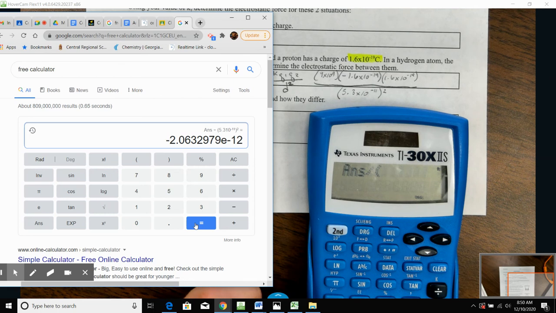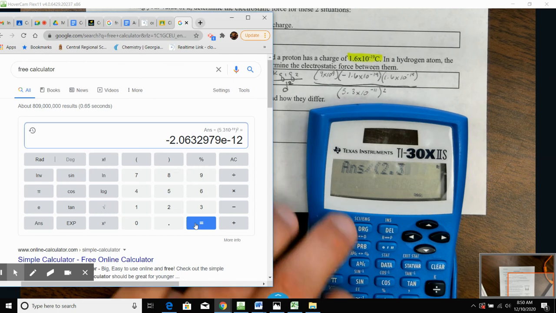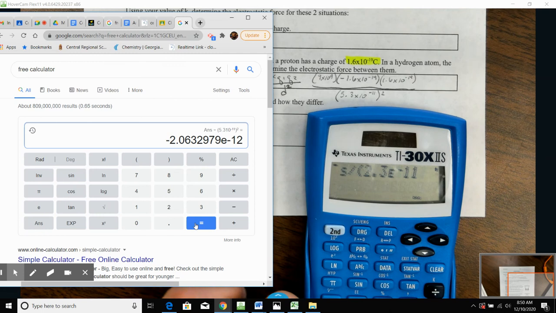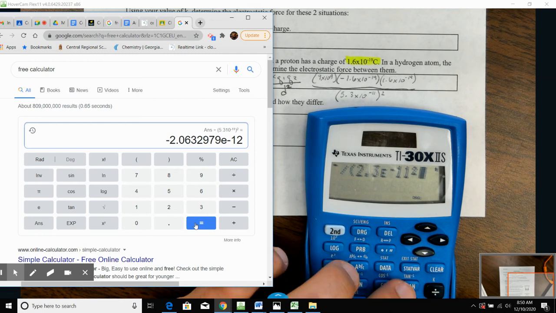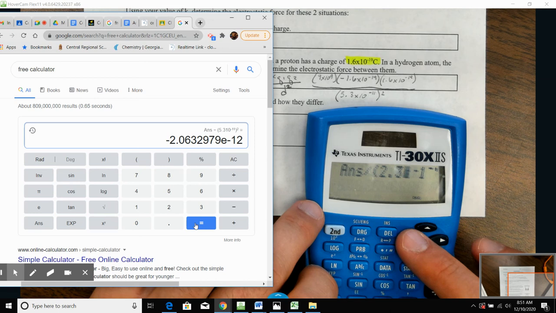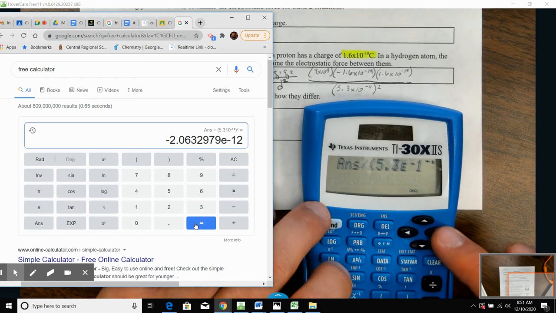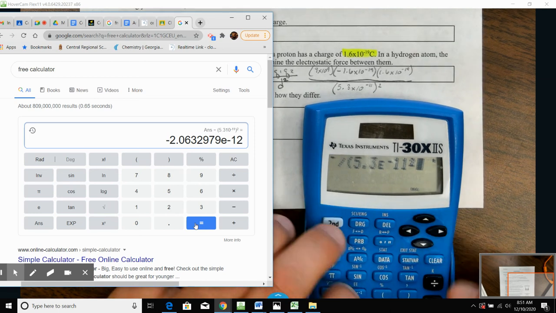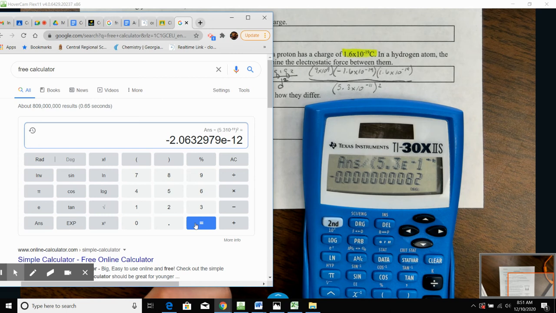Divide this by 5.3 to the negative 11th, square it. Oh, that should have been 5.3, not 2.3. So it seems something is off. Well, let's determine this.